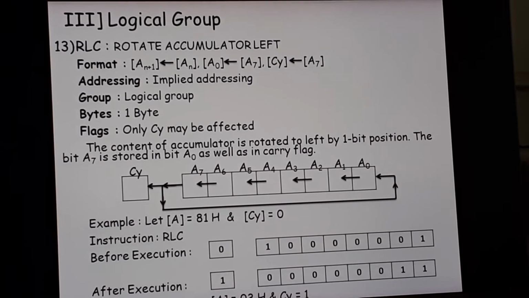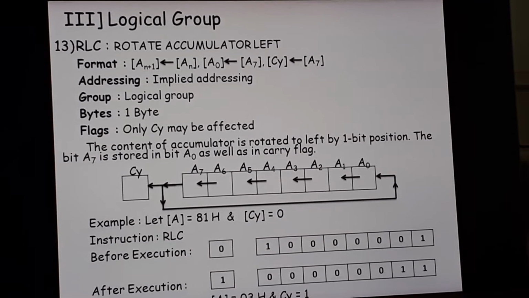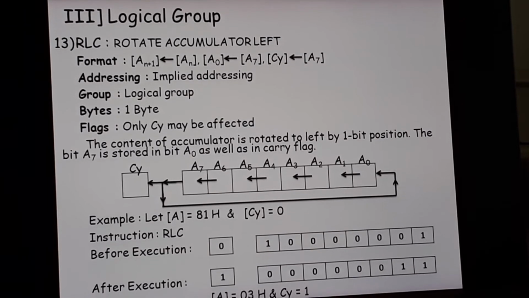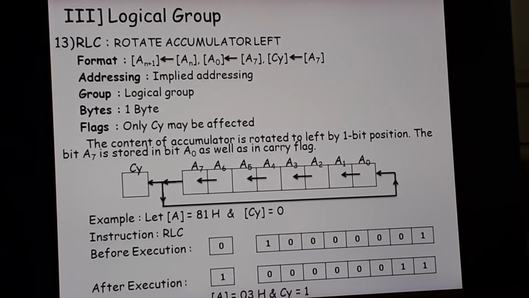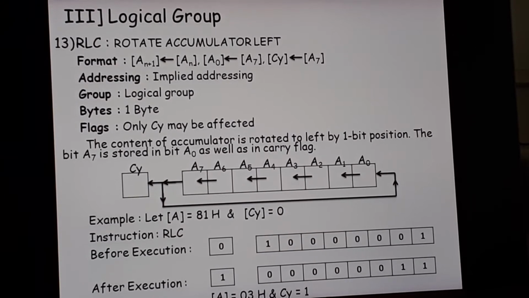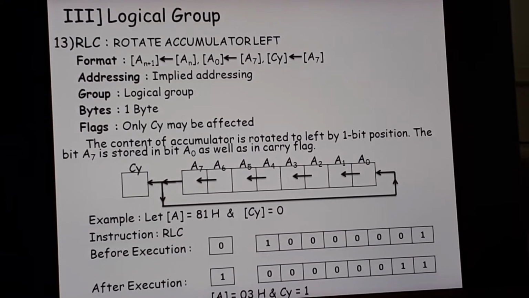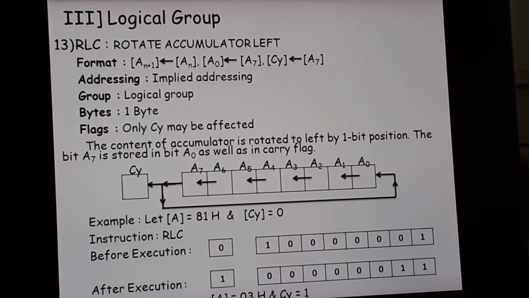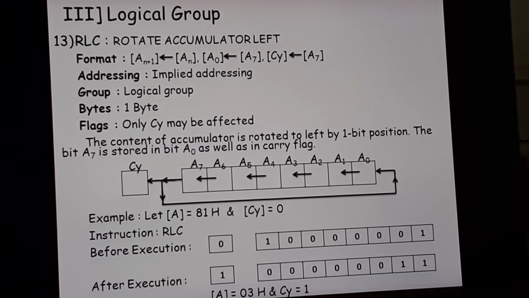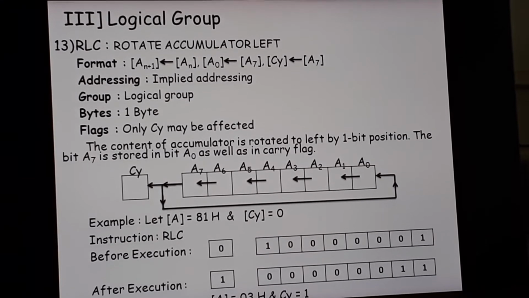That means A7 is shifted to A0, then A0 to A1, A1 to A2, A2 to A3, A3 to A4, A4 to A5, A5 to A6, A6 to A7, and the last A7 to CY. That way one bit will be shifting to the left hand side in the accumulator.